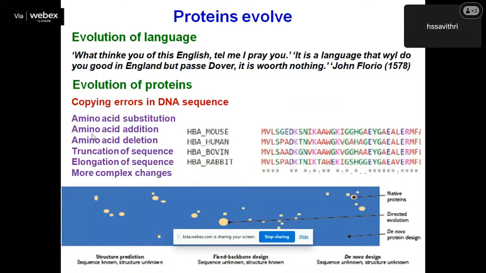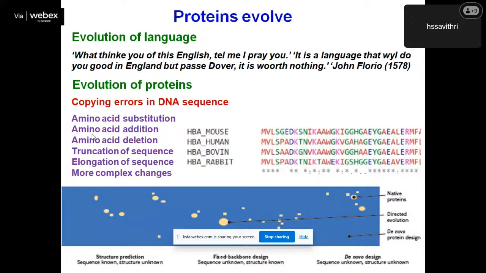That we can understand. You see, I have just quoted here a sentence from English 500 years ago. What think you of this English? Tell me, I pray you. It is a language that will do you good in England, but passed over, it is worth nothing.